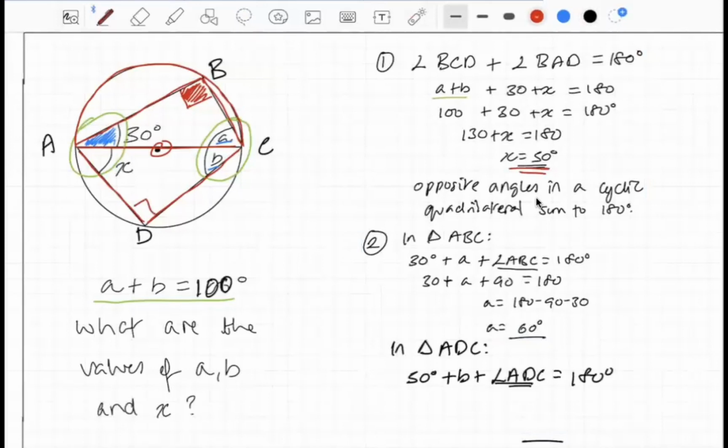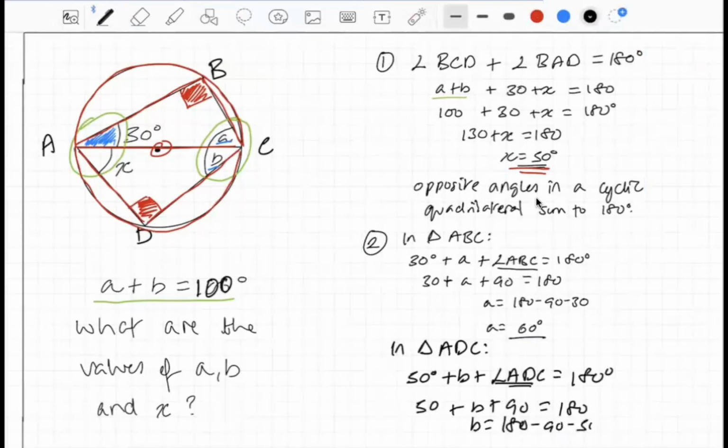It's the angle in a semicircle. So ADC is also going to be 90 degrees. So we have 50 plus b plus 90 equals 180. So b equals 180 minus 90 minus 50, and b is going to equal 40 degrees.